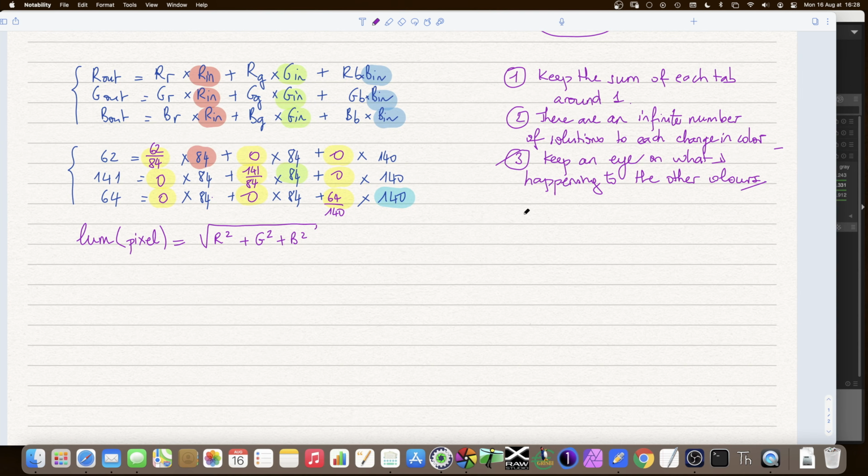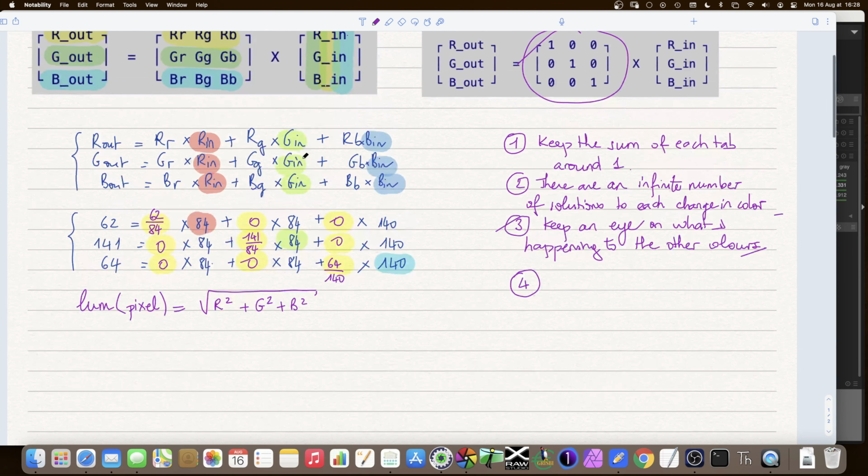Okay, and the last point I'd like to state, this is just a mathematical truth, is that in this formula here, which is the original matrix, we have a multiplication between a number on the slider and the red input. Then we multiply the number on the slider by the green input and the number on the slider times the blue input, and then we add all three values.